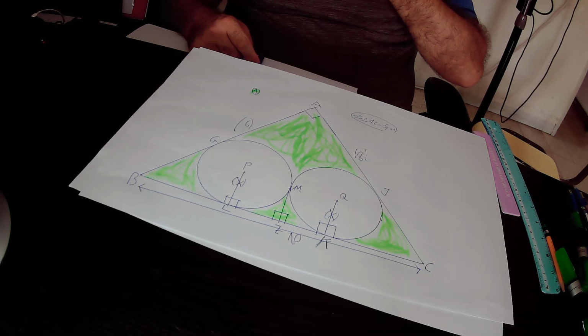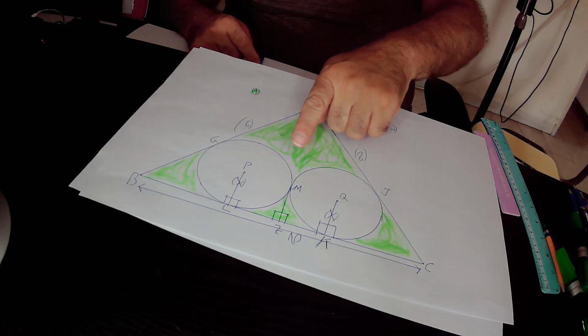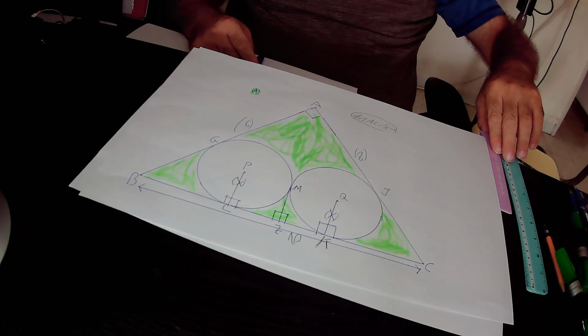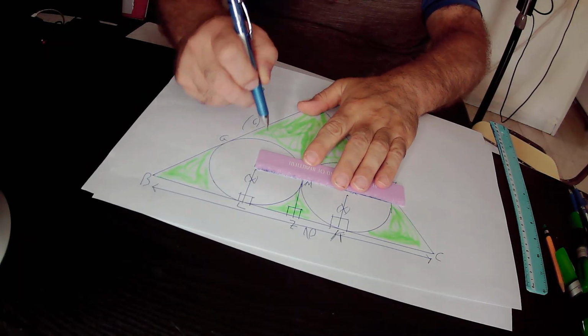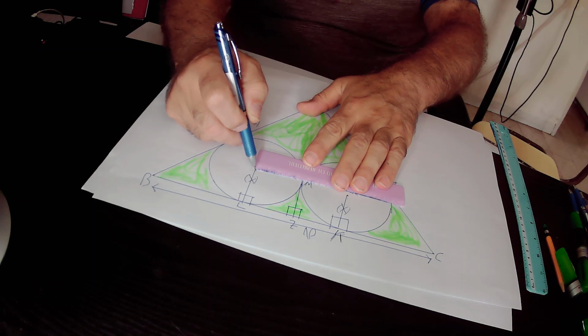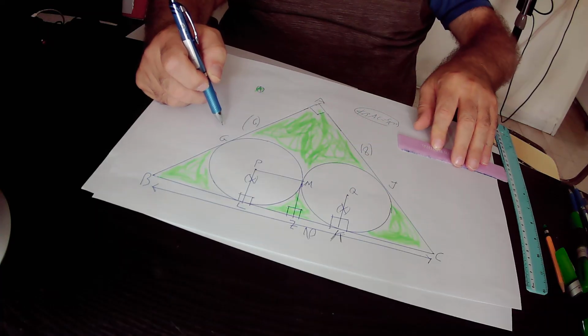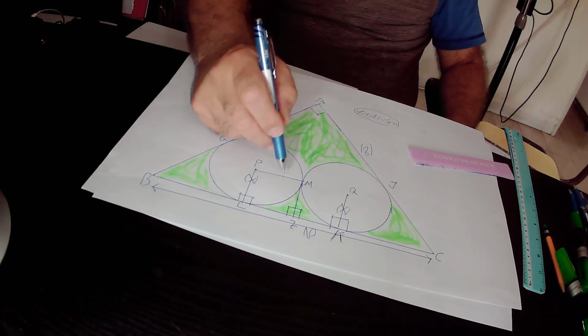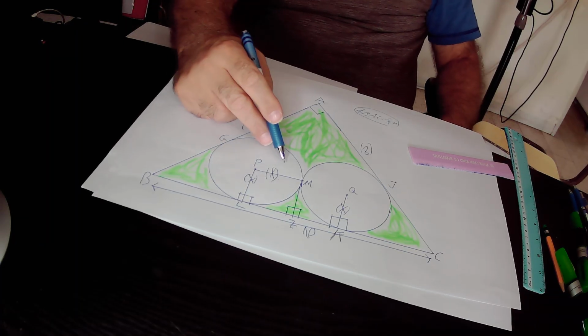In the next step, we join points P and M together by a straight line. PM is of course the radius of this circle, equal to x.